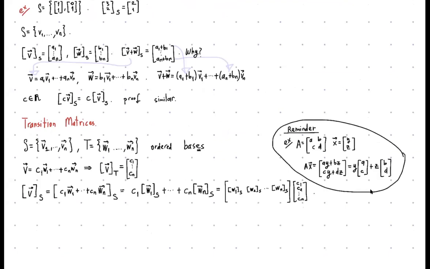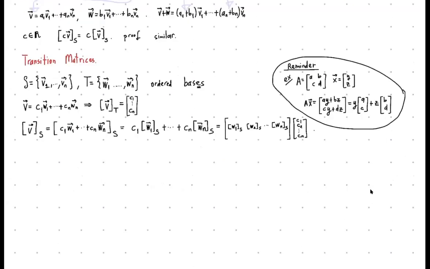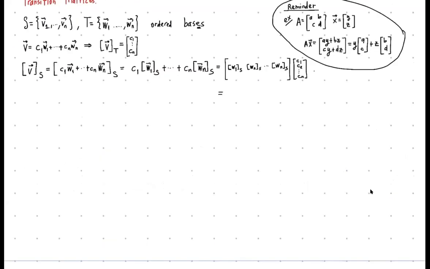Now let's look at this thing. We will give a special name to this one. This will be called the transition matrix, the transition matrix from the T basis to the S basis. It will be denoted by P sub S,T, times this guy, C1 to Cn. We gave a name to it, right?